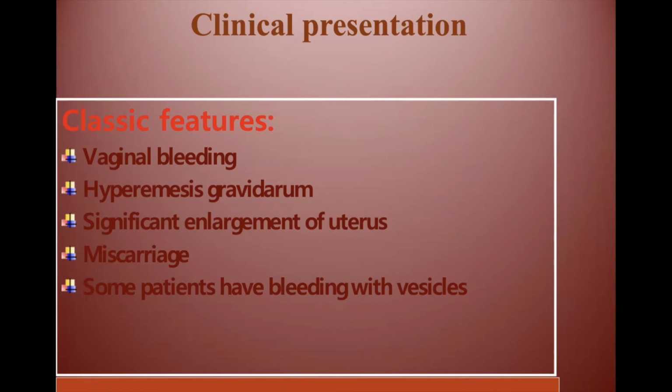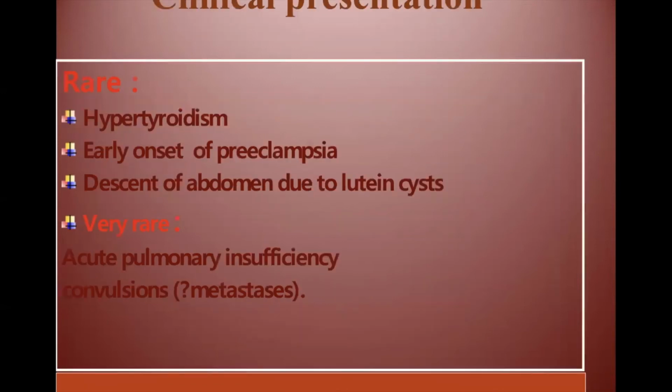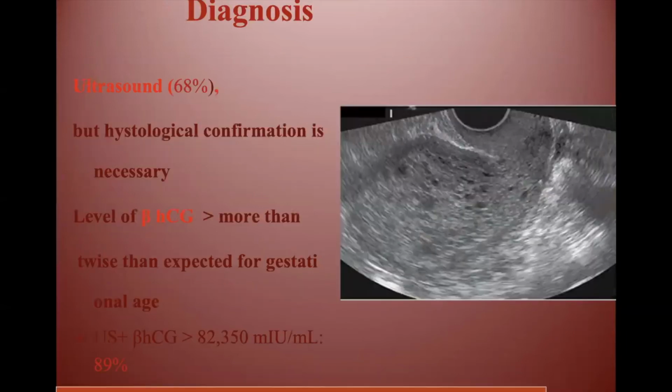And we have miscarriage, and some patients have bleeding with these bubbles. Rarely we have hyperthyroidism, early onset of preeclampsia, and rarely enlargement of the abdomen due to lutein cysts. A very rare form is acute pulmonary insufficiency; we may also have convulsions.